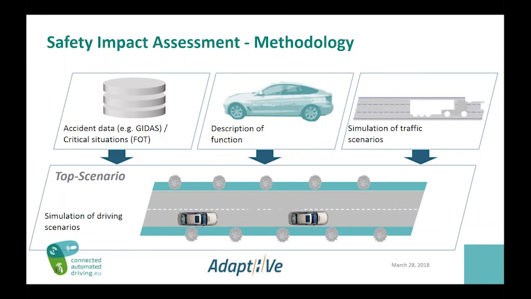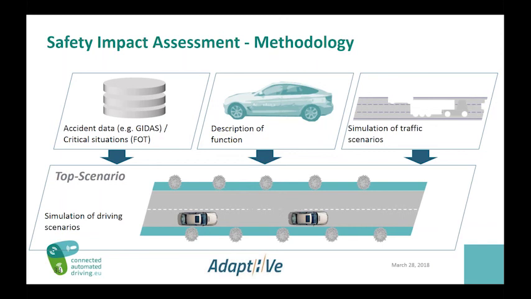Here's the example of the German in-depth accident database. And we take our situations. Of course, the most important ones are the critical and relevant situations, where we have, for example, strong braking or short distances. And then we use this, and we need, of course, simulation.